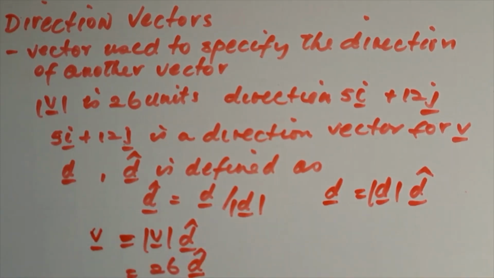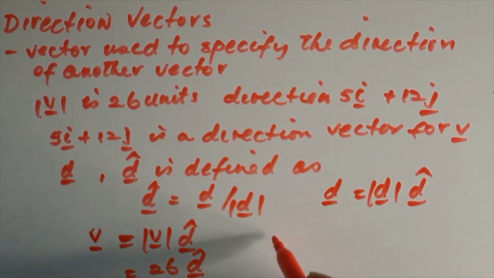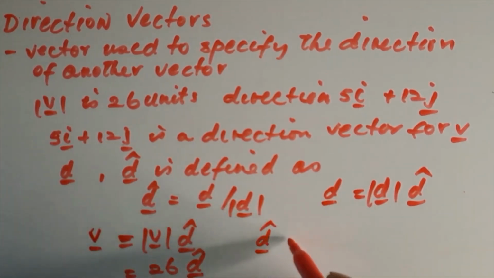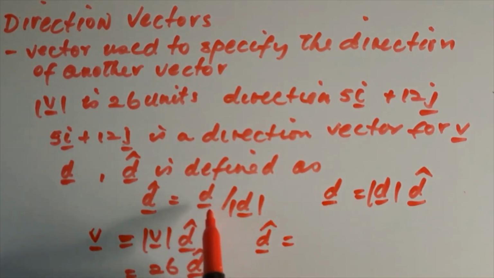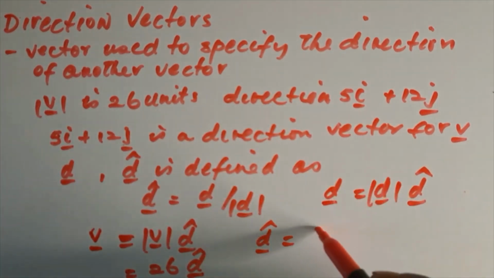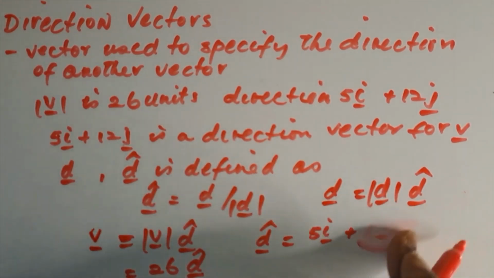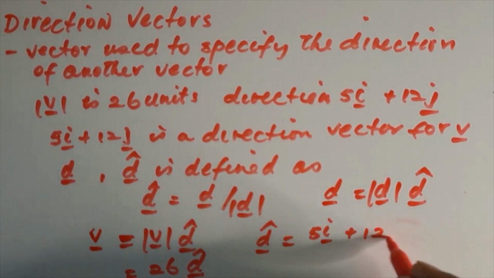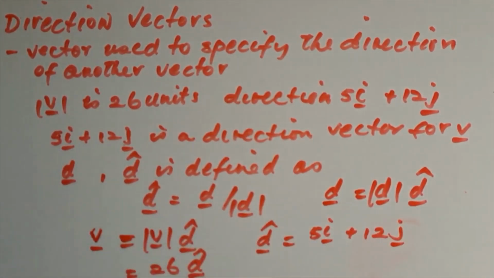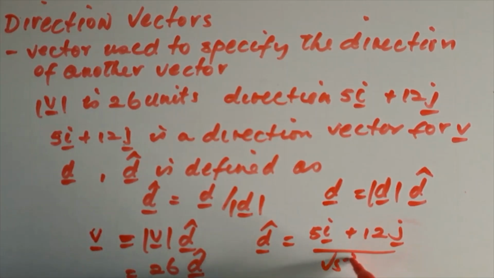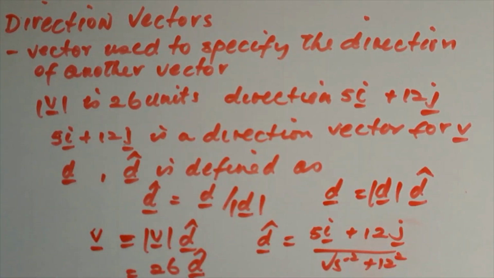What is d hat? Remember, d hat is defined as d, which we're given here as 5i + 12j. Let's write this clearly, 5i + 12j. And we're dividing that by its magnitude, which is the root of 5 squared plus 12 squared.